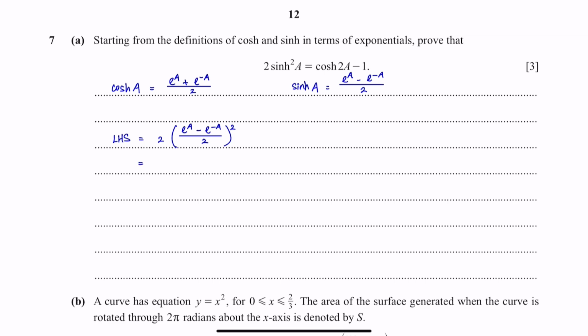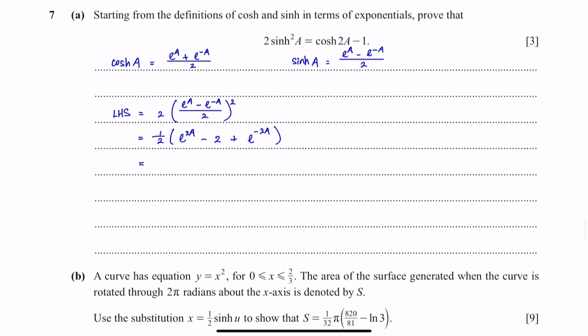And we would get 1 over 2 times e to the 2a minus 2 plus e to the negative 2a. And this would be e to the 2a plus e to the negative 2a over 2 minus 1.